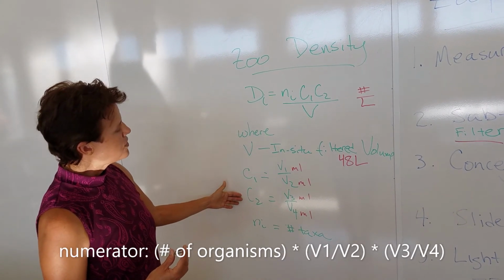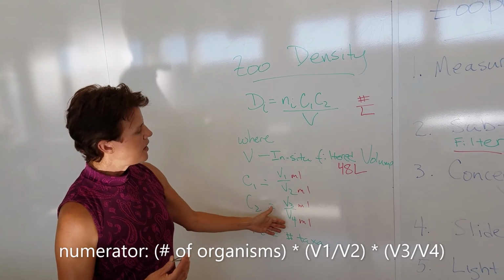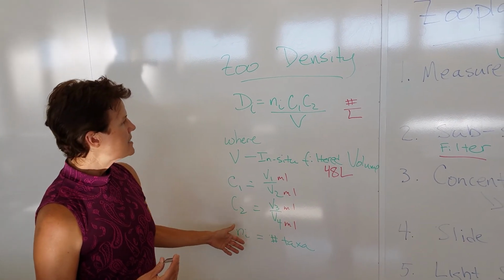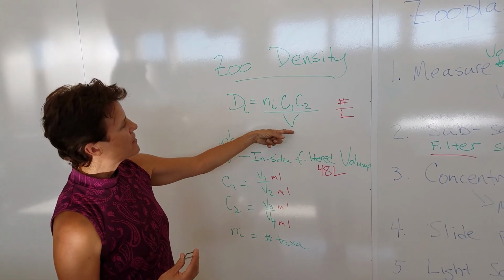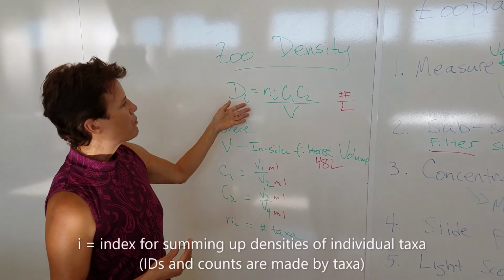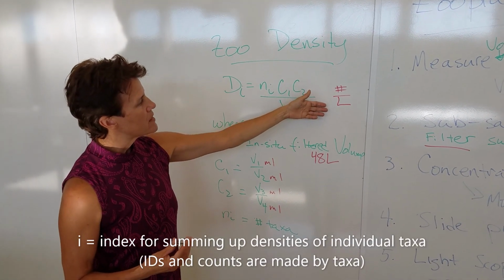And then the second ratio is volume 3 over volume 4, so this is the concentrated volume over the number of slides. And then you divide that by the total volume extracted in situ, and you come up with a density and number of organisms per liter.